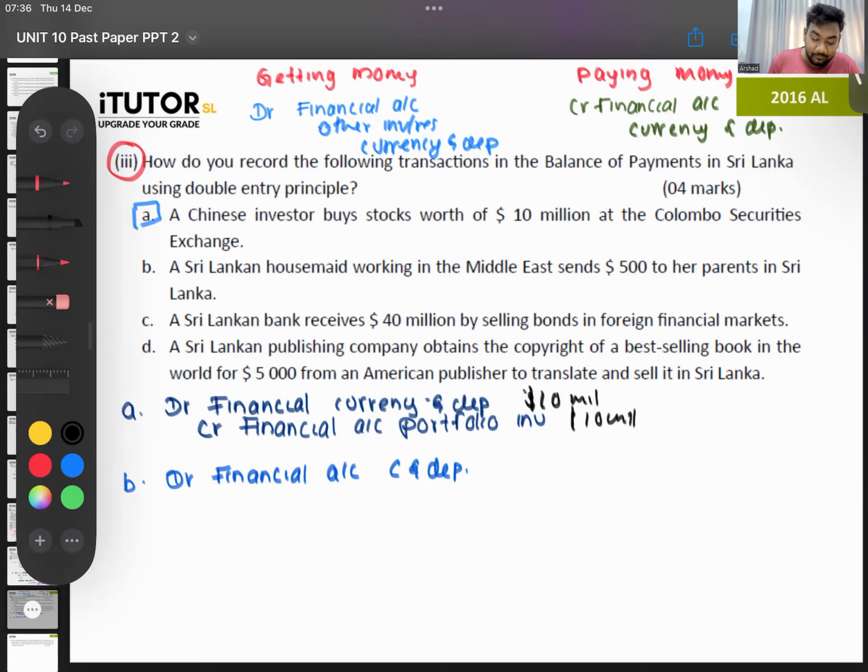So where does this housemaid sending money go under? Saying financial reserve account is okay, but currency and deposit is a must. You can say debit financial account, other reserves, currency and deposit, but you have to mention currency and deposit. You can't remove that.